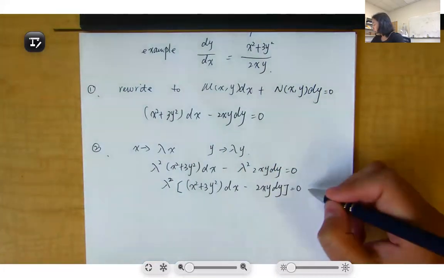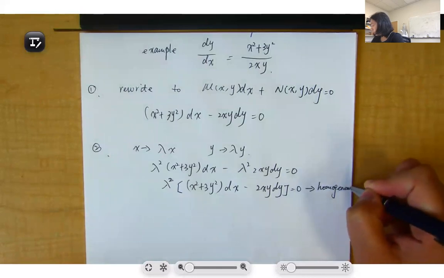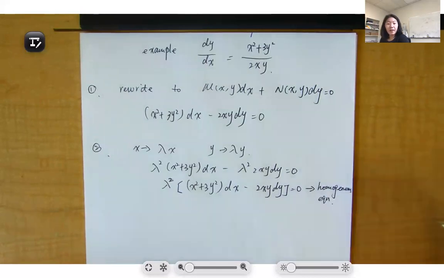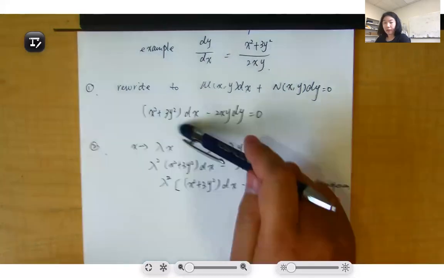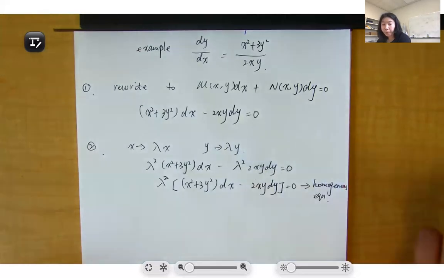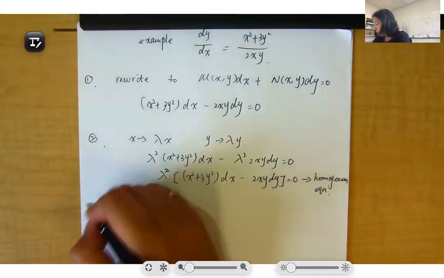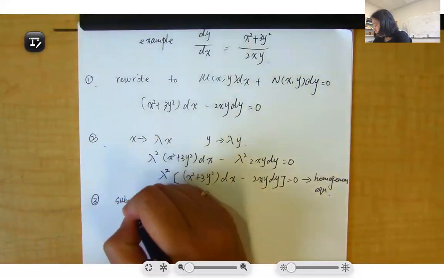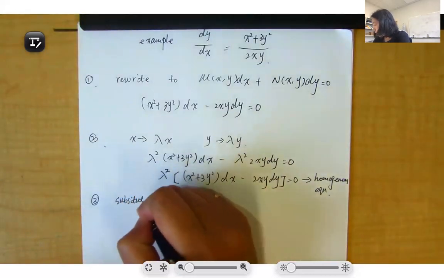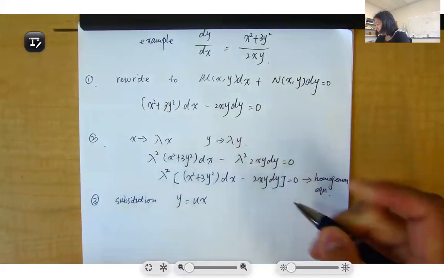And we say this is a homogeneous equation. And actually, without doing this, you can simply look at each term, and if they have the same power, then they are homogeneous equations. Okay. Then the next step, we will substitute y equals ux.